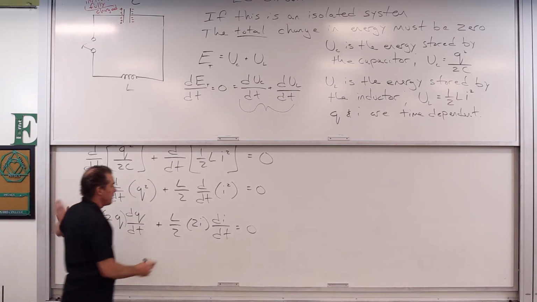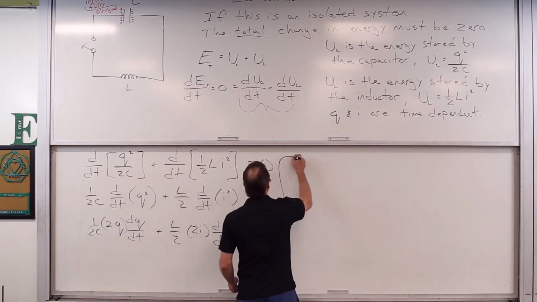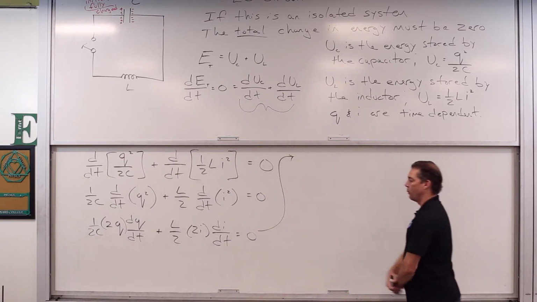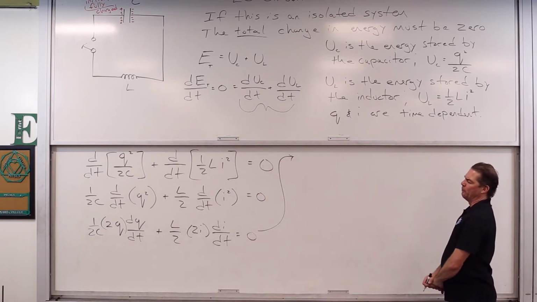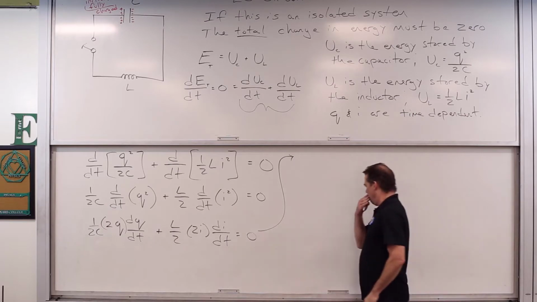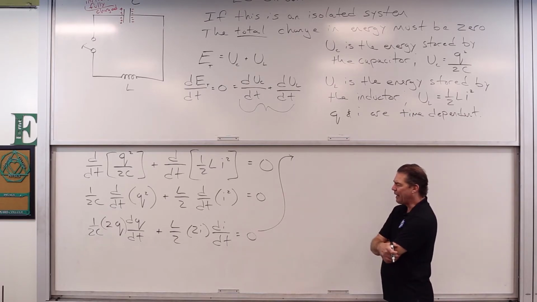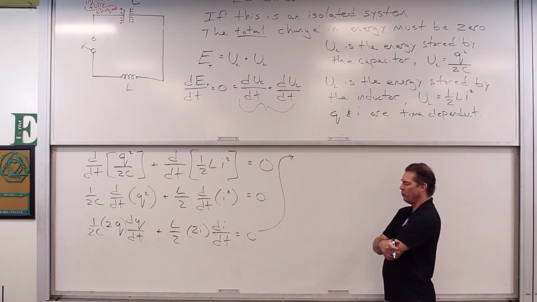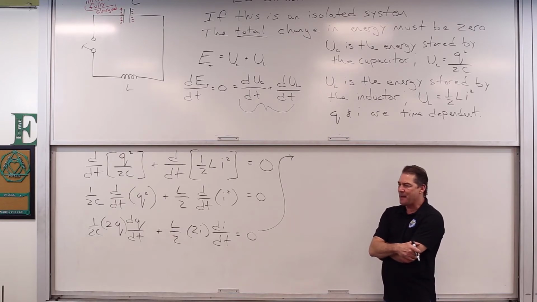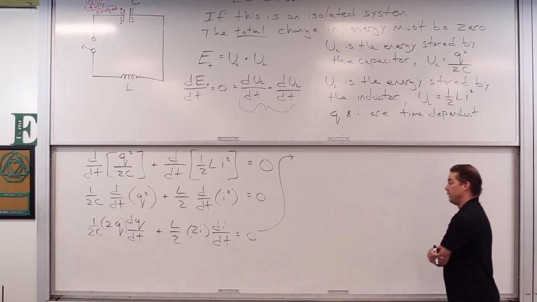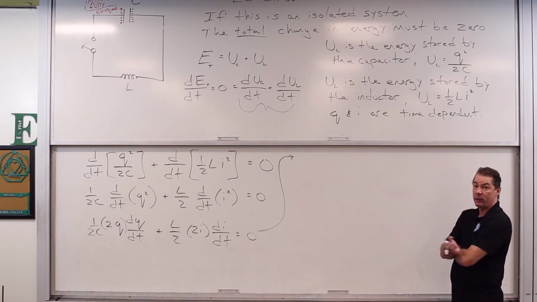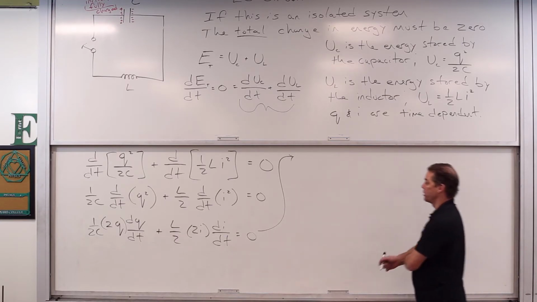What we have here is something that we can start to play around with a little bit more. We've got some relations between q and I. I by definition is dq/dt. That's how we define current, the time rate of change of charge.